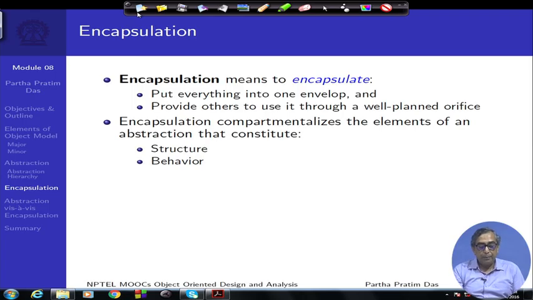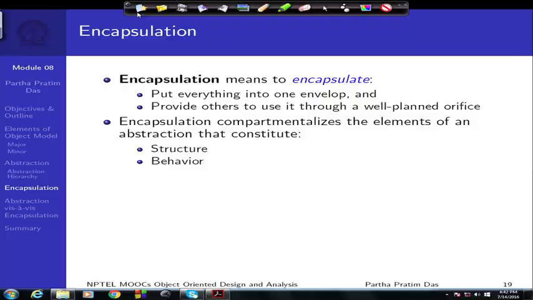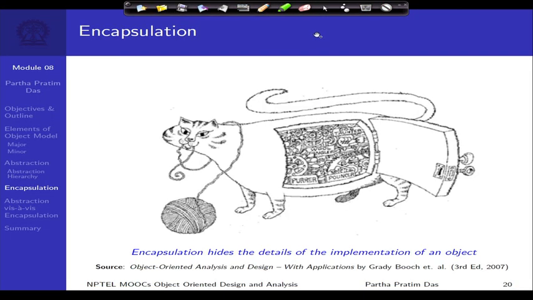So, encapsulation compartmentalizes the elements of an abstraction that constitute the structure and the behavior, which means that we know that abstraction has a structure, it has characteristics, and it has responsibilities, that is the behavior. So, we could encapsulate both of them in separate forms and make them work together or separately as needed. So, this is a cartoon again.